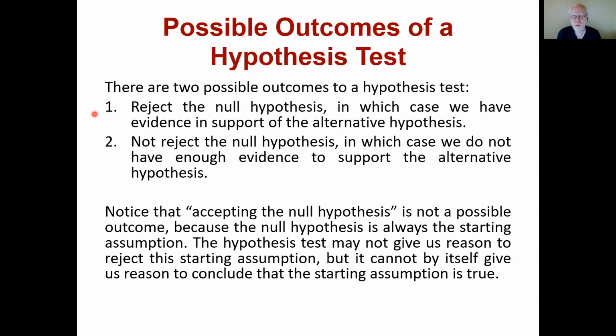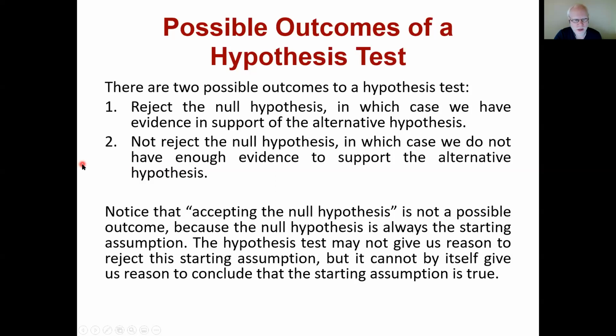So if we find that it's really unlikely to get 64% girls born if the true population proportion is 0.5, then we can say that it seems like the null hypothesis is wrong or doesn't fit here. And so we would have evidence in support of the alternative hypothesis. Again, we haven't proven the alternative hypothesis, but we have evidence that supports it.